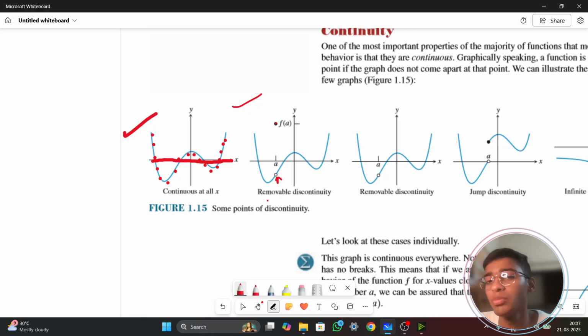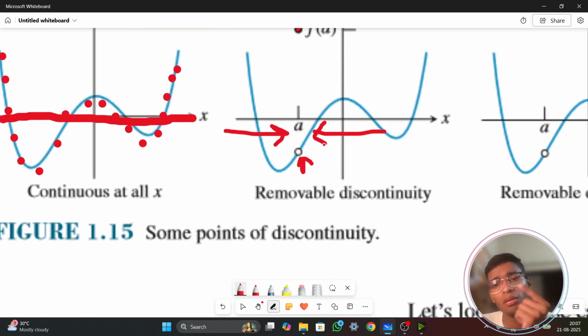Now, why is it called a removable discontinuity? Removable discontinuity means whenever you are moving from the negative side, that is the left-hand side of a, and whenever you are moving from the positive side, that is the right-hand side of a, you can get very close values, not at a, but in the neighborhood of a, which will have some value on the y-axis. You can see if I move to the outer circle, I'm getting very small values close to it.